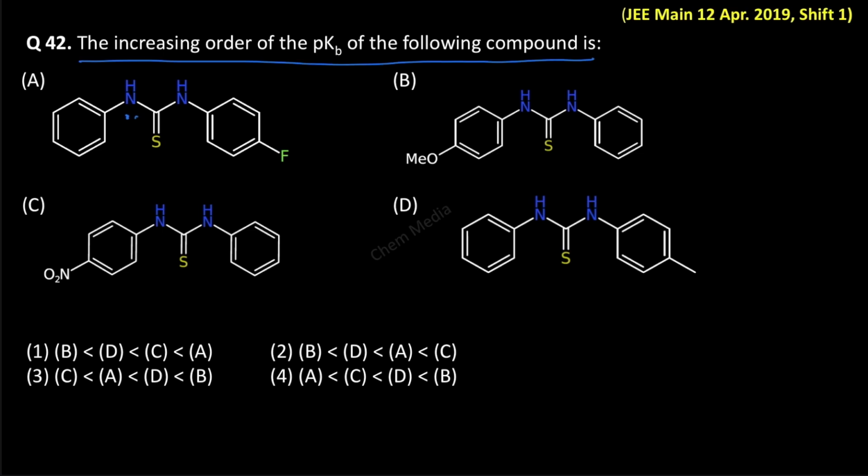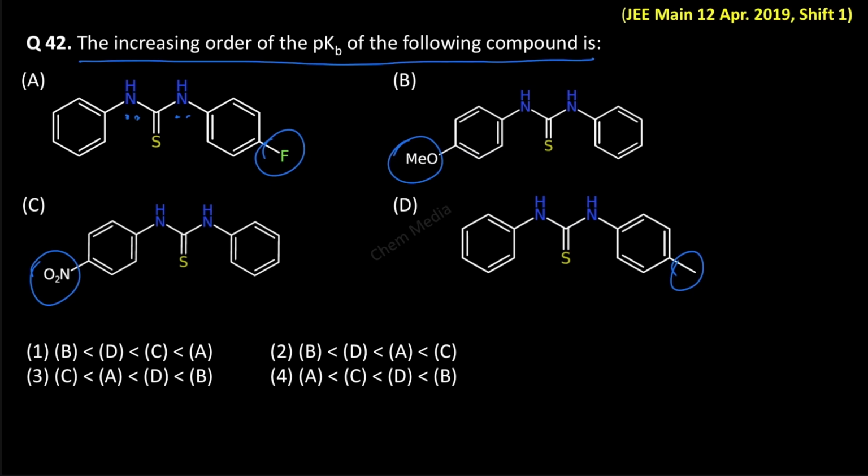In this case, we have lone pairs of electrons on top of nitrogen. On one side we have phenyl ring, so that is not going to make any difference. But the difference that is going to make is because of these groups. So we have fluorine, we have methoxy, we have nitro group, as well as we have a methyl group.